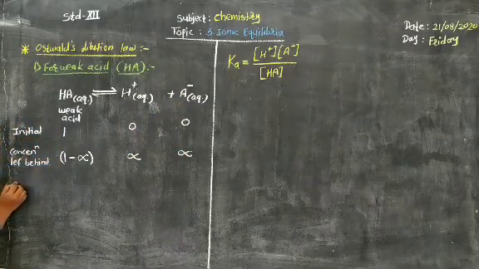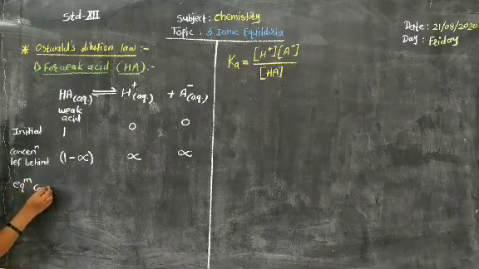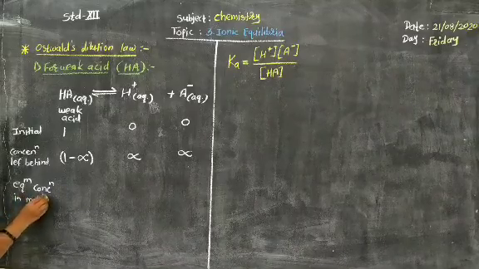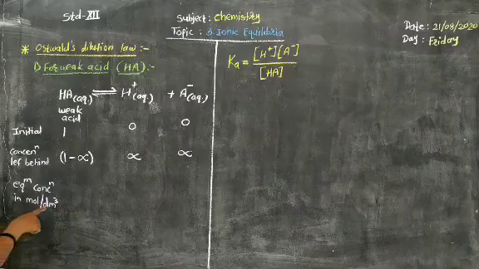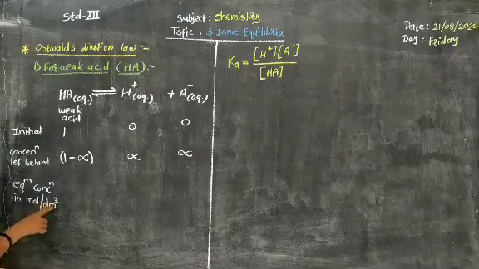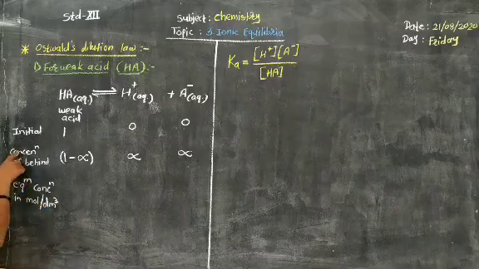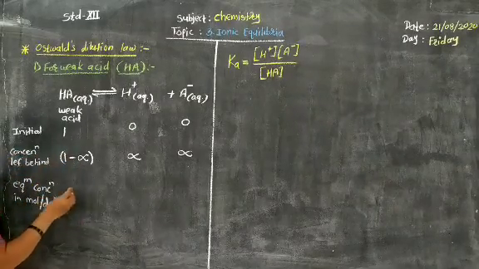If we have to write down the equilibrium concentration in mole per dm cube, dm cube is the volume. If V volume of solution is there, then the concentration left behind is 1 minus alpha in V volume.